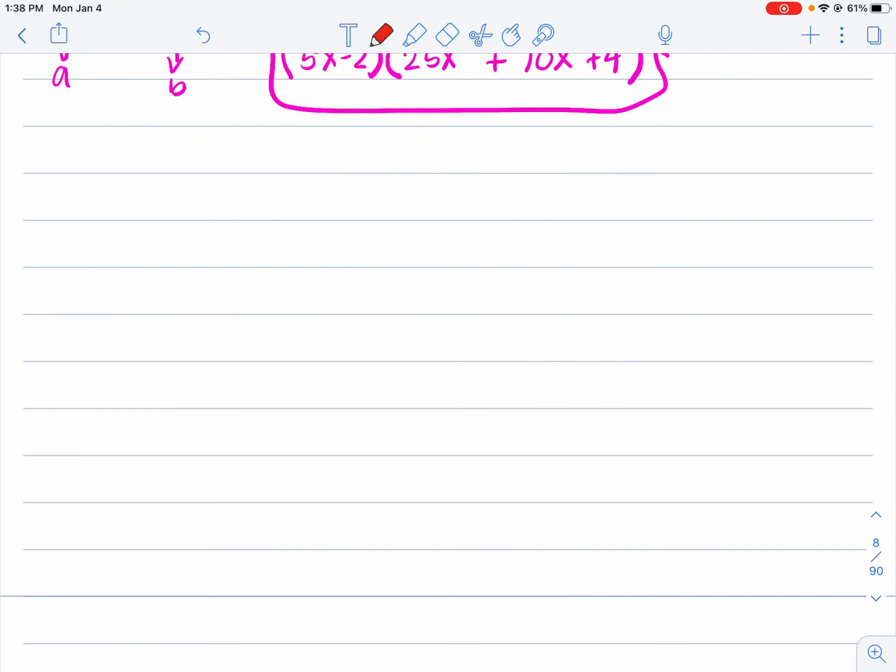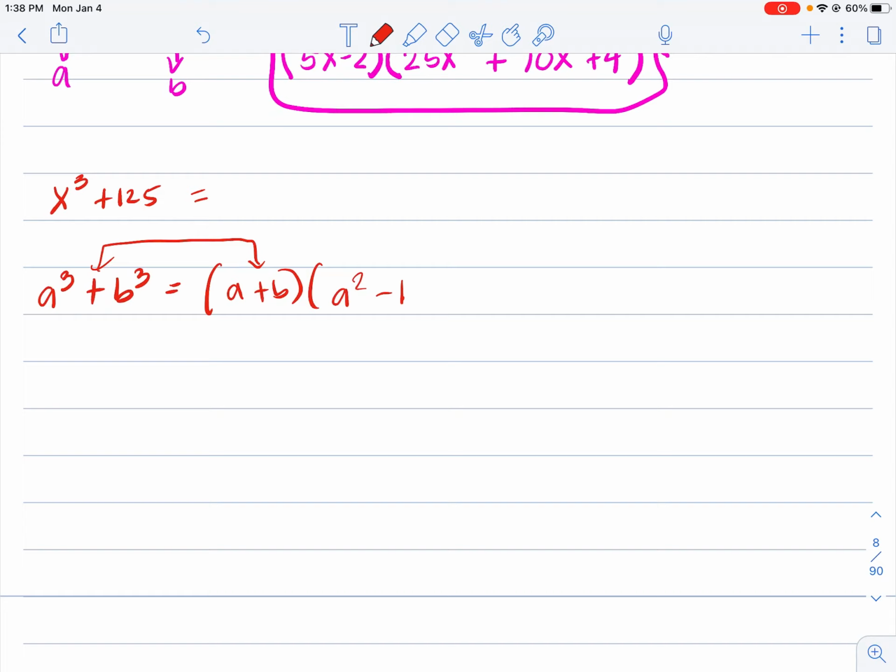2 quick examples. I'll have x cubed plus 125. Hopefully, you're already familiar with the formula that is needed. So we have a cubed plus b cubed equals, of course, because we have a plus, this is a plus b, the same sign, and then opposite sign, ab, and always positive.